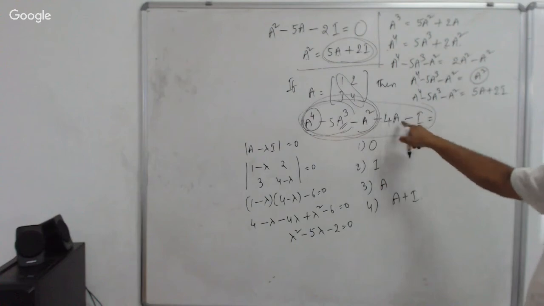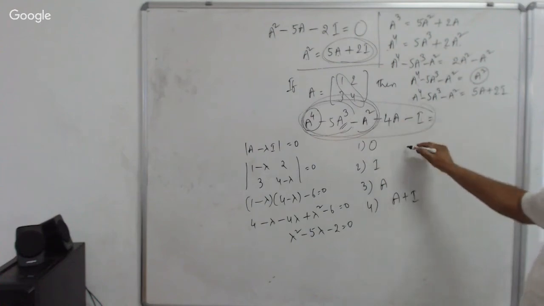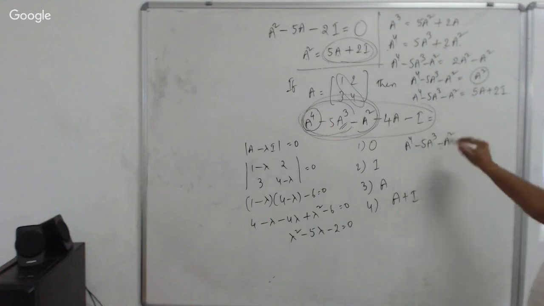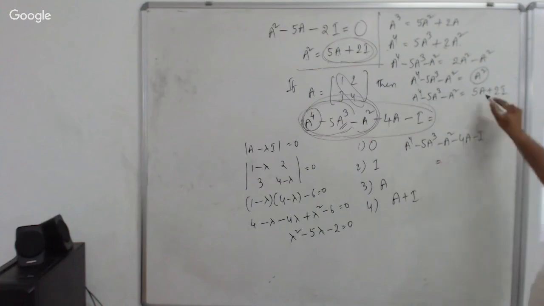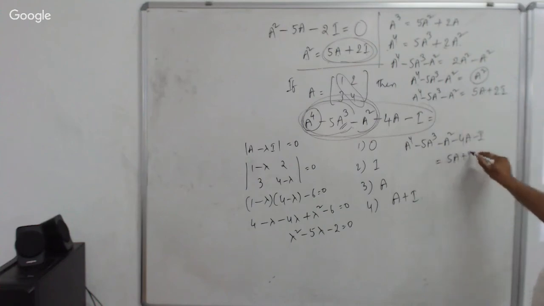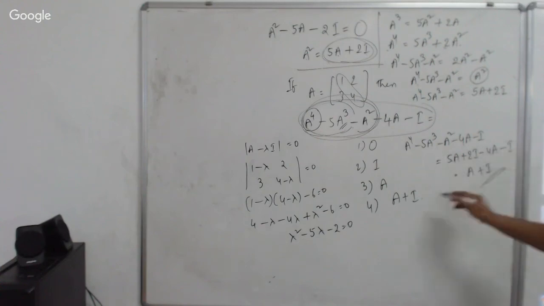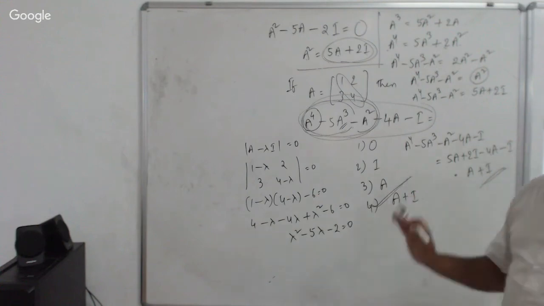Adding minus 4A minus I on both sides, we get A power 4 minus 5A cube minus A square minus 4A minus I equal to 5A plus 2I minus 4A minus I. Now the final answer is A plus I. The answer is option four. It is one of the alternative methods. Remember that.